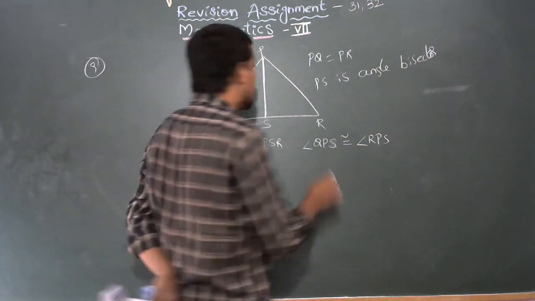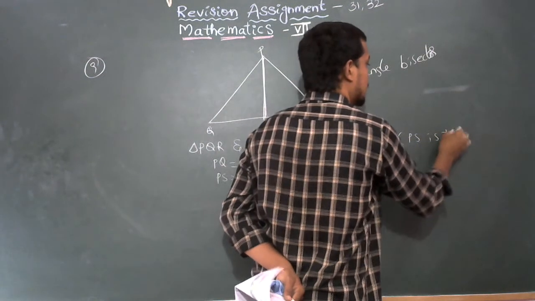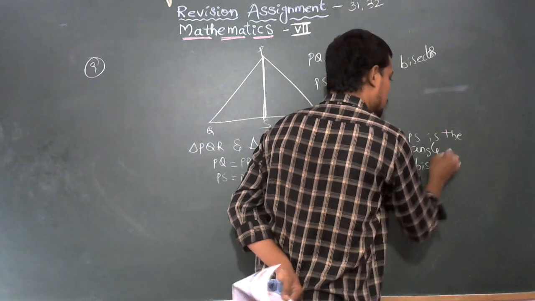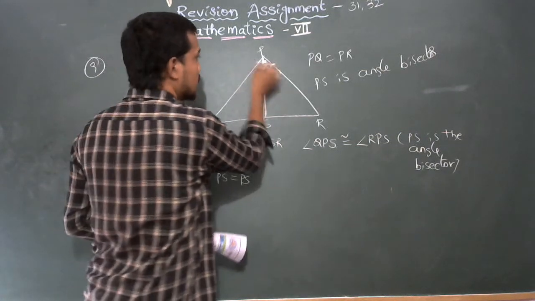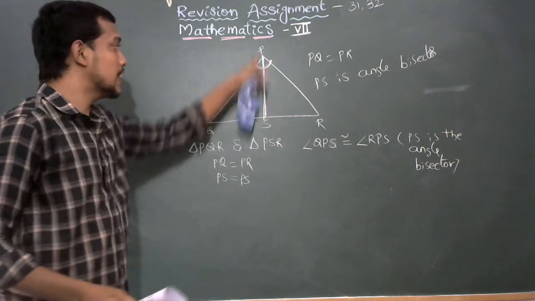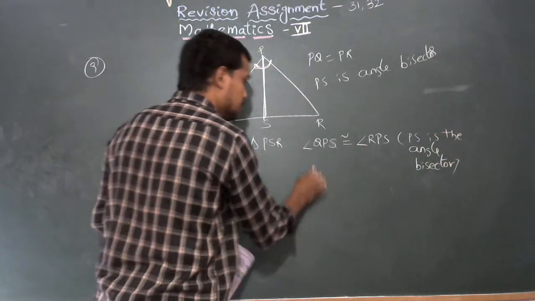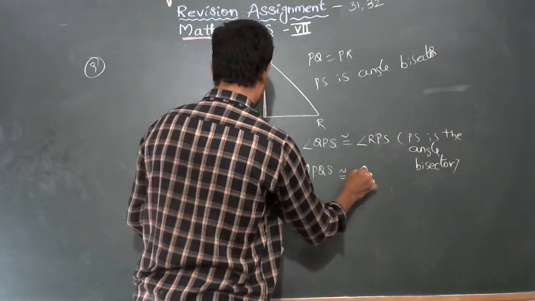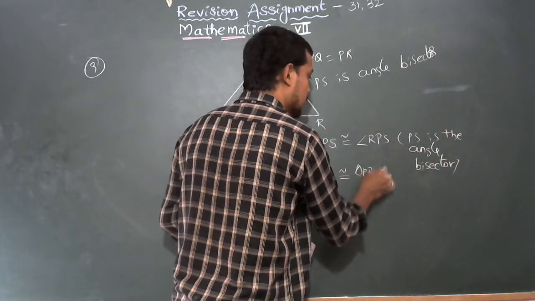Why? Because PS is the angle bisector, dividing the angle. So triangle PQS is congruent to triangle PRS.